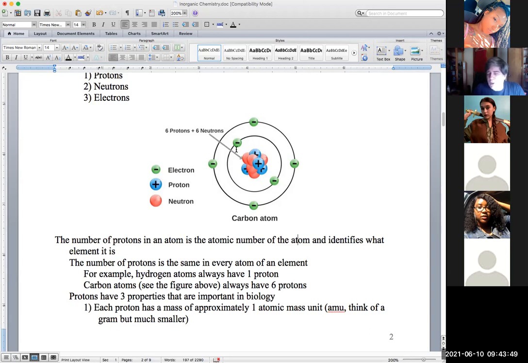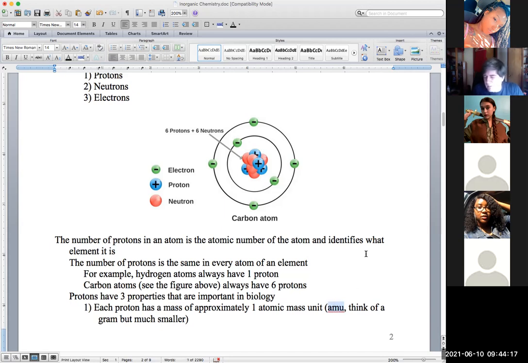Now, if we look at our protons, protons have 3 important properties as far as we're concerned. Protons have a mass of 1 atomic mass unit. Remember, we said one of the properties of matter is that matter has mass. The atomic mass unit is often abbreviated as AMU.